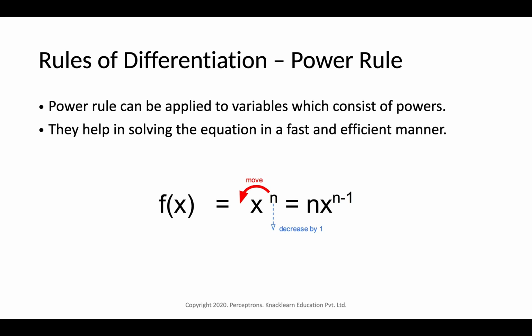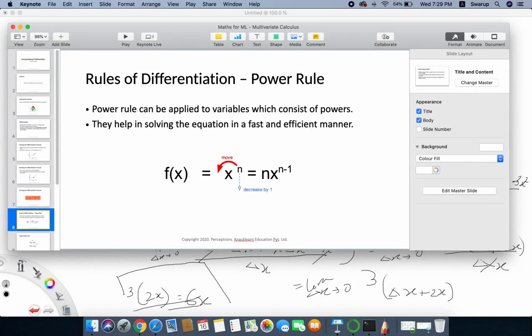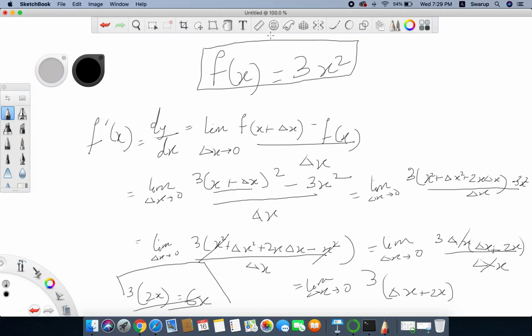Suppose we have a power of n, then we can solve the equation much more easily and faster using the power rule, which states that f dash x equals n x to the power n minus 1. Here n is nothing but the power. So we'll use this on 3x square.